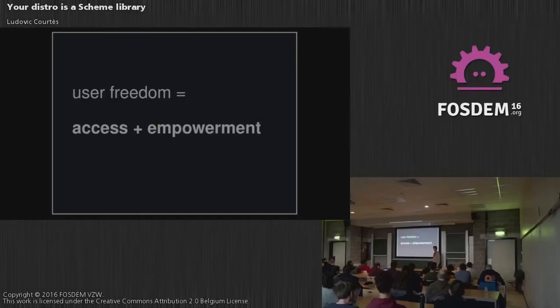There was a talk by Mako at LibrePlanet last year, I think, where he was mentioning that user freedom is really two things. We have access, that you're able to actually have the software and to use it in any way. And there's empowerment, which is the third and fourth freedom, that you want to be able to distribute and modify the software to do what you want, basically. And Mako was saying we're doing pretty good with access.